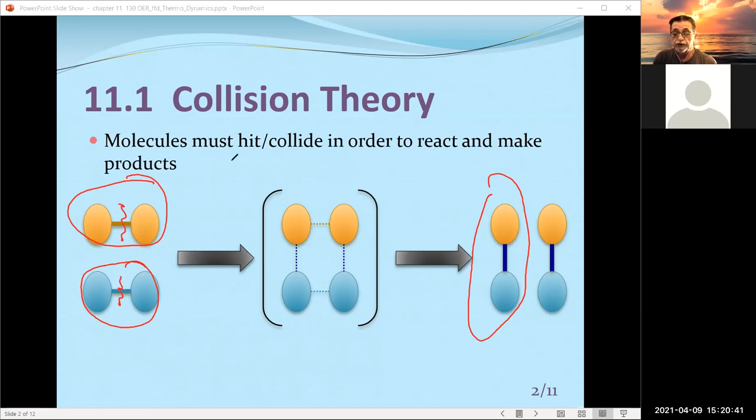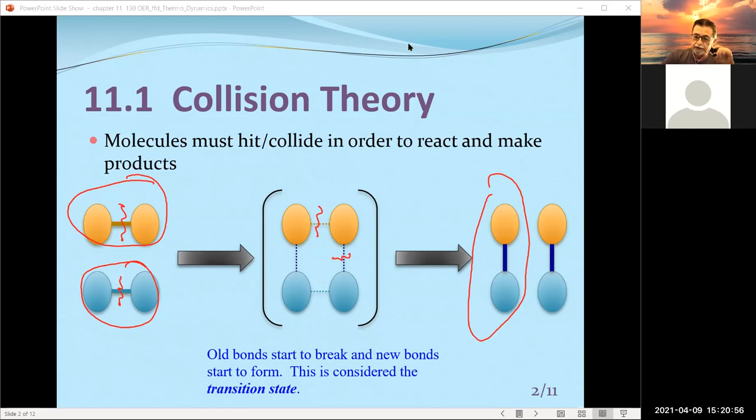So we enter this intermediate, where you can see we got bond breaking and we got bond formation. That intermediate has a specific name. We call that the transition state. Okay, the transition state. It is a point in this reaction process where you have bond breaking and bond formation.